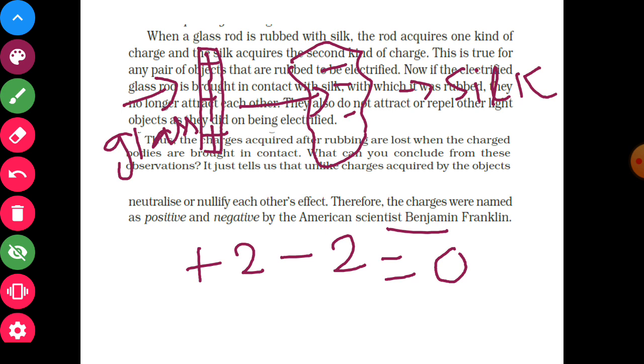If they are kept separate, then this glass rod will repel another glass rod which is rubbed with another silk cloth.